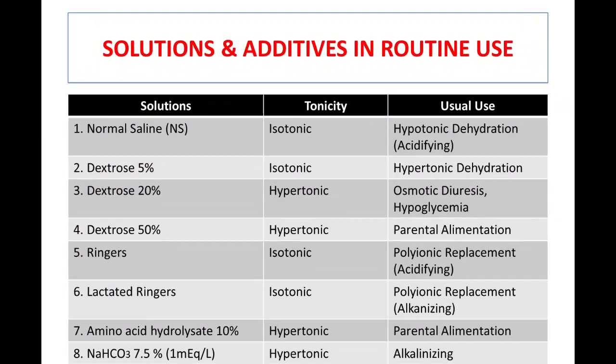The normal solutions and additives which are in routine use and easily available in the market, we are going to give you the list of, so that it is easy for you to figure out what type of fluid is needed for that animal and how it is available in the market. Normal saline solution, we know, is isotonic.